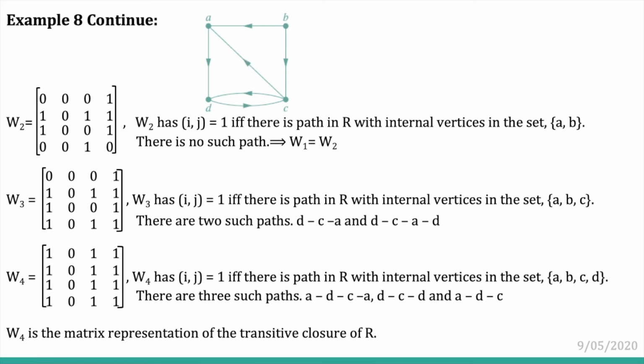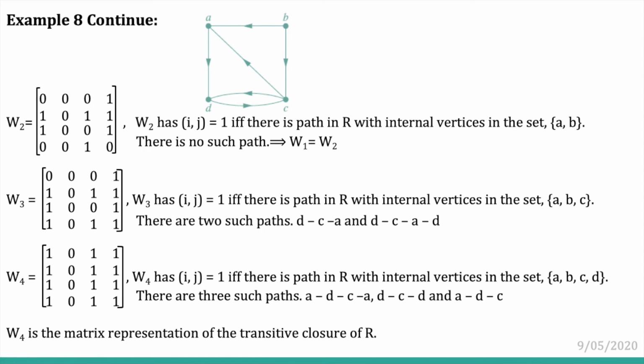This is because either those ordered pairs are connected by the path of length 1 having no internal vertex, or they are connected by the path having internal vertex A. And all those paths are a subset of the paths having internal vertices in the set of AB. So in addition to those ordered pairs which are taken care of in W1, we also need to take care of those ordered pairs which are connected by the paths having internal vertices AB or only B. So in this particular example, we do not have any such ordered pair, and therefore W1 and W2 are the same, but this may not always be the case.